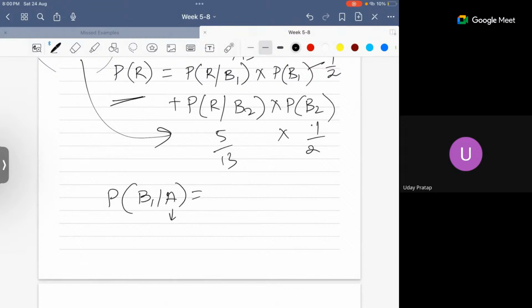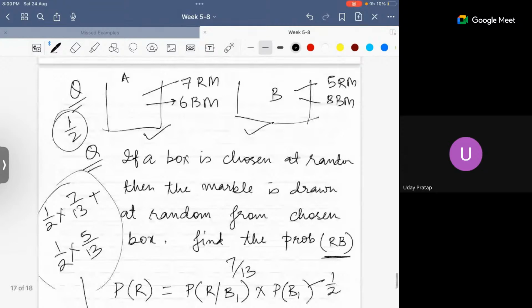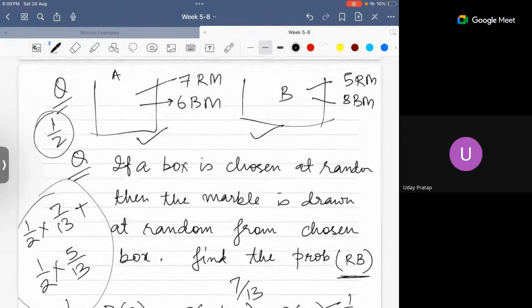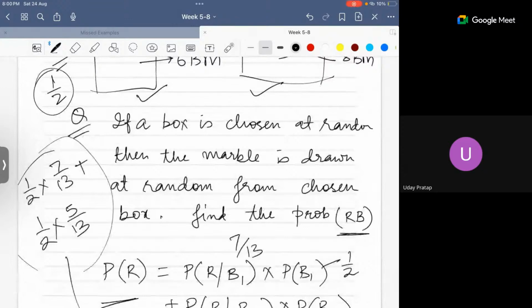My pencil is down, I'll just speak out. So what I was saying is, for the same problem, box A contains 7 red balls and 6 blue balls, and box B contains 5 red balls and 8 blue balls. The question here is, if a box is chosen at random and then a marble is drawn at random from the chosen box, find the probability that box A is chosen given that the red ball is drawn.